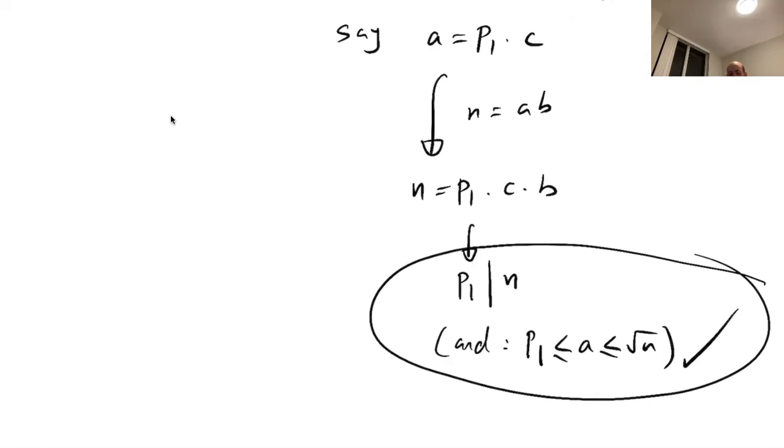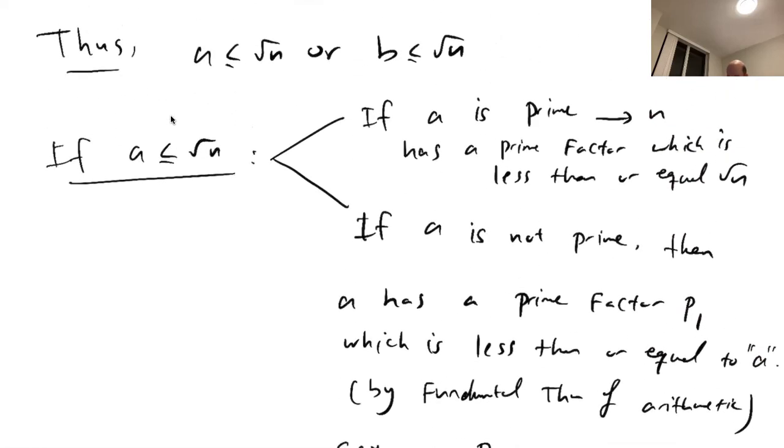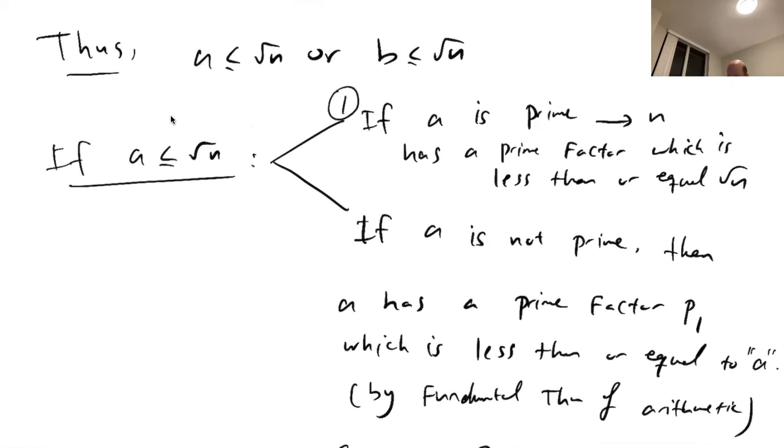I was looking for a prime factor for N which is less than or equal to root N. There you are. P1 is a prime factor for N which is less than or equal to root N. So I considered two cases here, case 1 and case 2. In each of these two cases, I'm done. I showed that my number N has a prime factor which is less than or equal to root N.